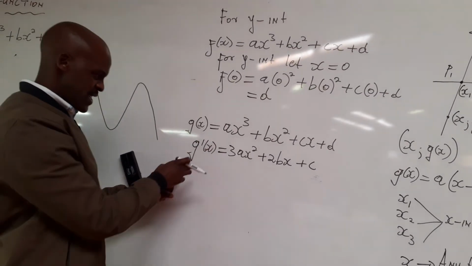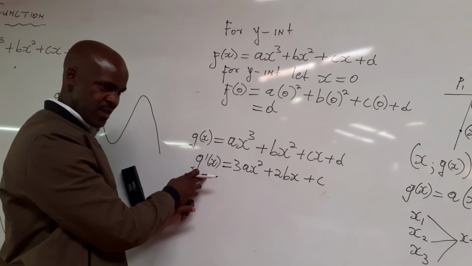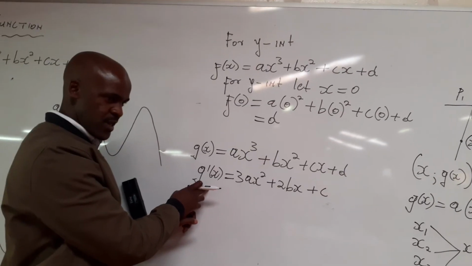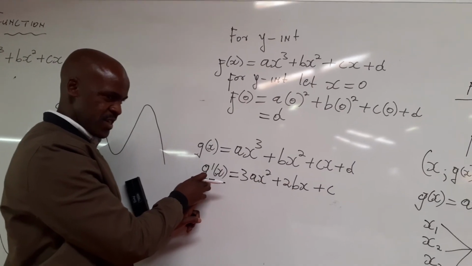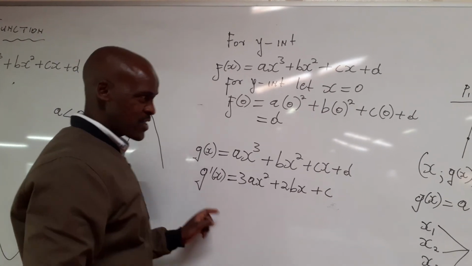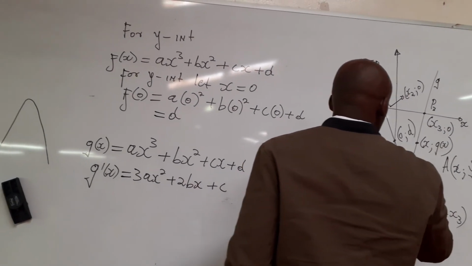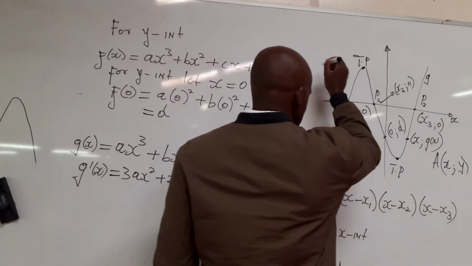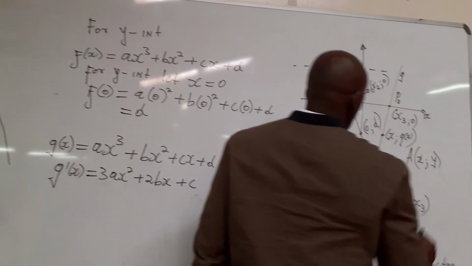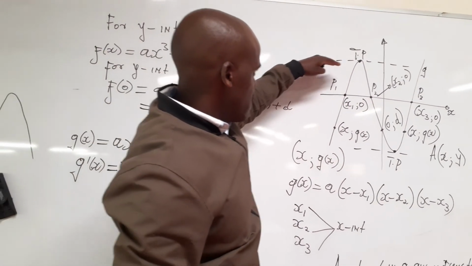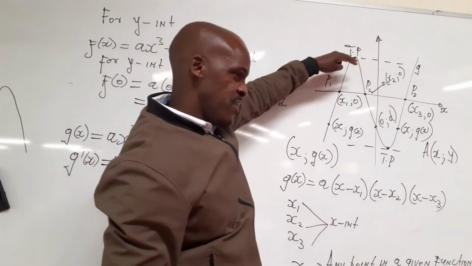So remember that a derivative is the gradient of a tangent to a function. At this point, the tangent has to pass there. Our tangent will be a horizontal line.